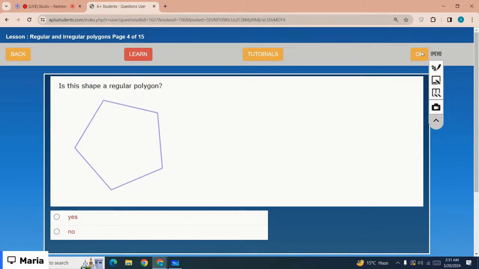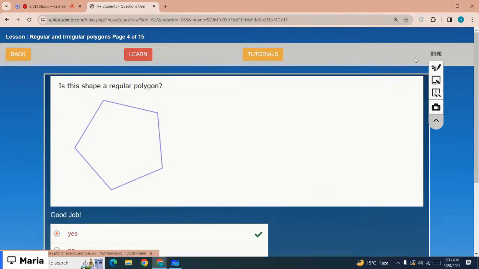Is this shape a regular polygon? The correct option is yes, it is a regular polygon. Very good. Yes, pentagon, it has five sides.